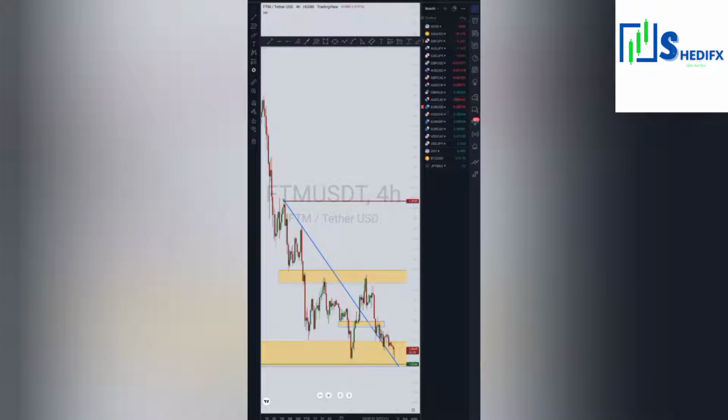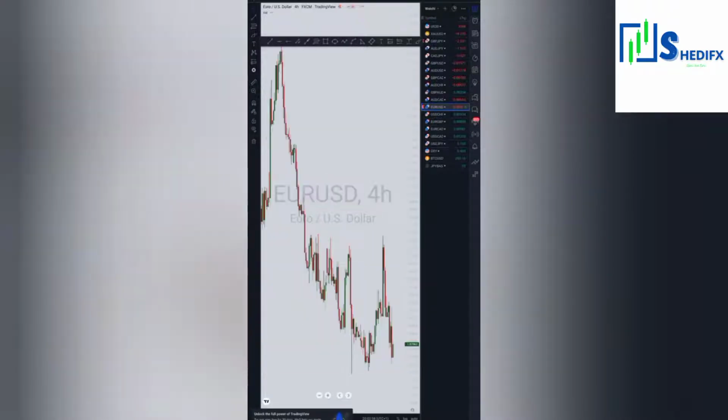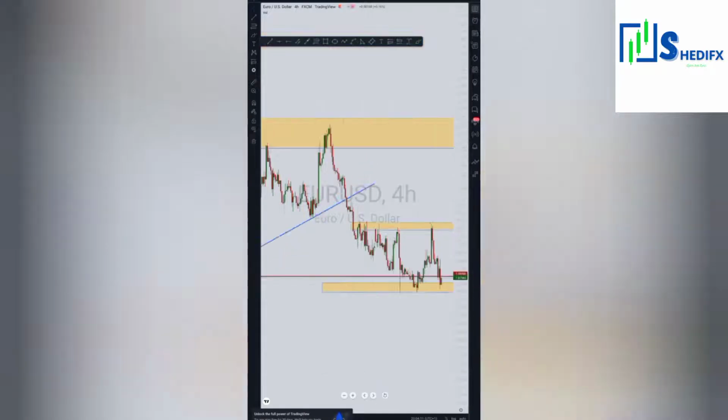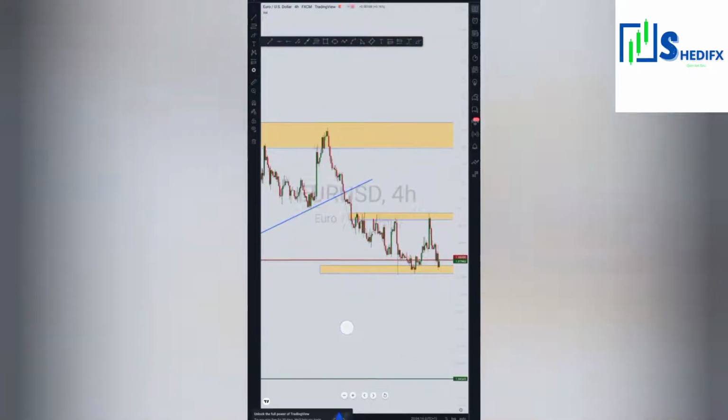You guys know that I love EUR/USD, GBP/USD, AUD/USD, USD/CHF, and USD/CAD. Those are the pairs that I trade mostly. Other pairs are just borrowed pairs.